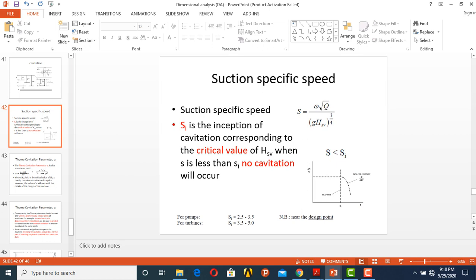But when the specific speed of the suction head is greater than the inception specific speed, then we experience cavitation. For a pump, the inception specific speed is in the range of 2.5 to 3.5. For a turbine, the inception specific speed is in the range of 3.5 to 5.0.